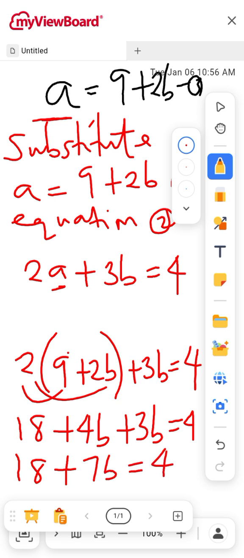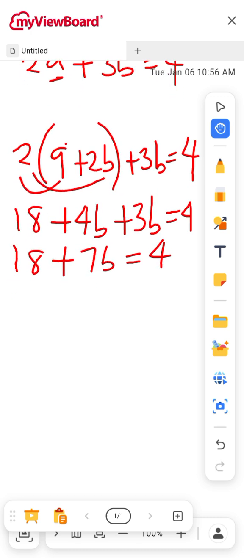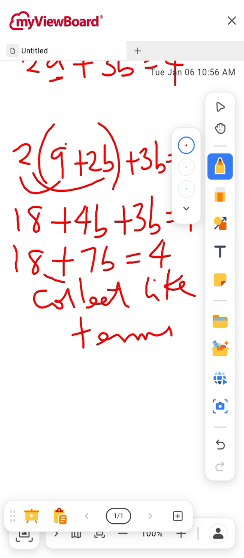So over here, we collect like terms, those things that look alike. You will see that it's 18 and 4. So this my 18 will come and meet 4, so that I have 7b equals 4 minus 18.